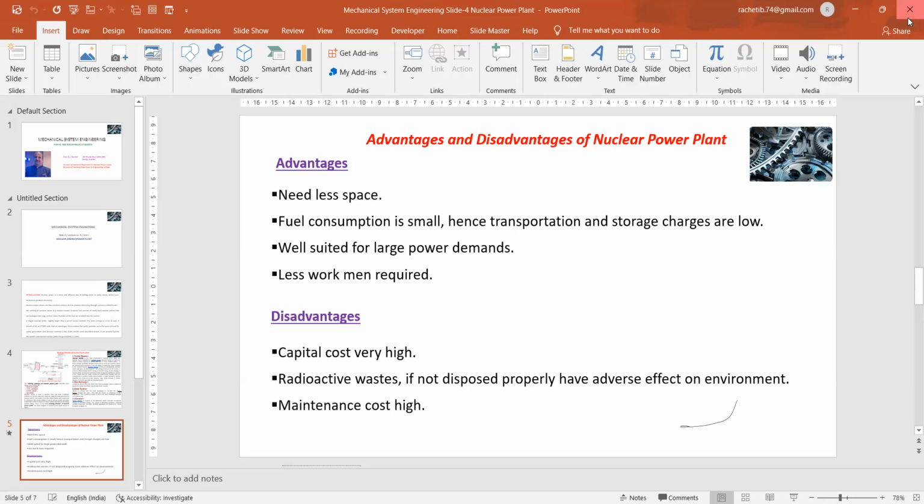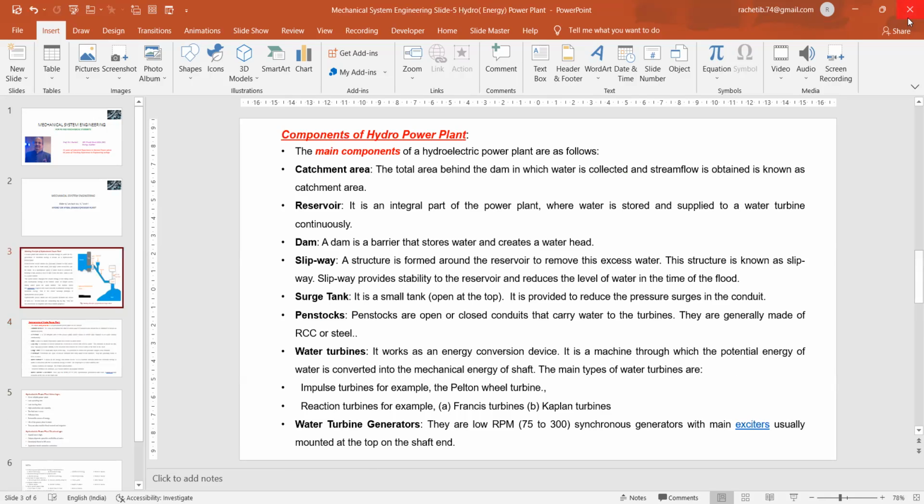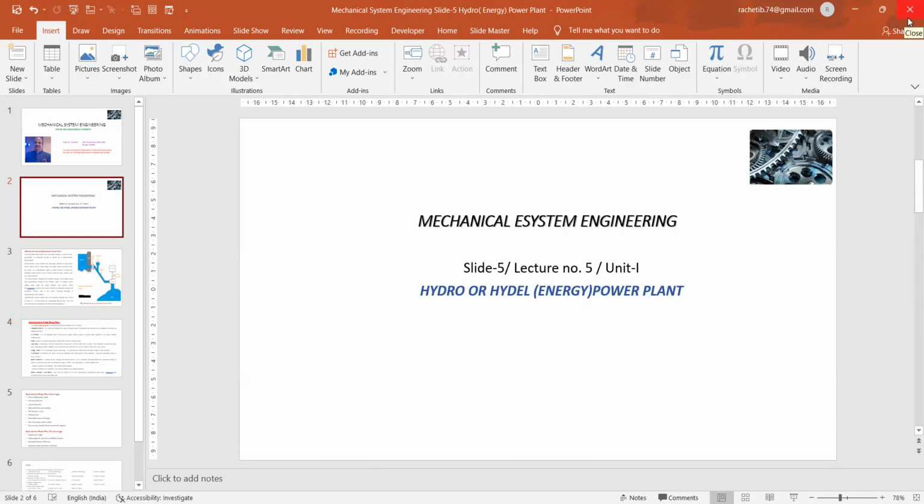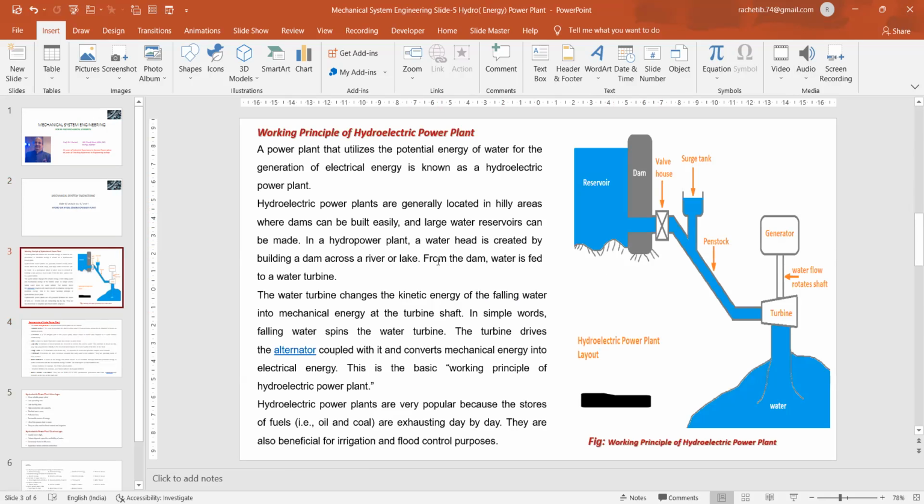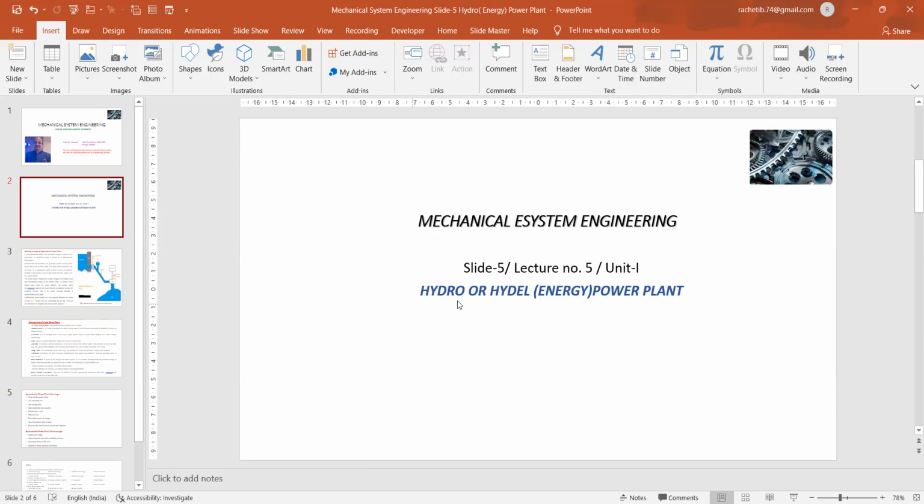Now today we'll start with slide number 5 of lecture number 5 of this mechanical system engineering, and we'll see today this hydro power plant. The word itself indicates hydro or tidal power plant, meaning hydro, water.